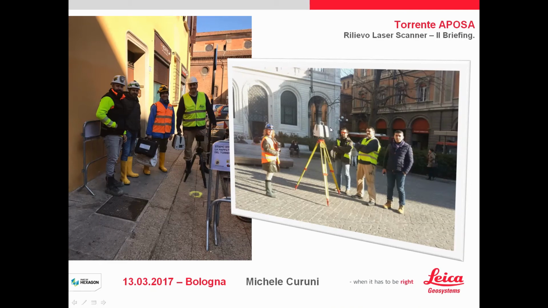So this is a very, very fast solution, because the scanner is only for point cloud scanning. The time is 1.5 minutes in low resolution and medium resolution, and 3 minutes in high resolution.